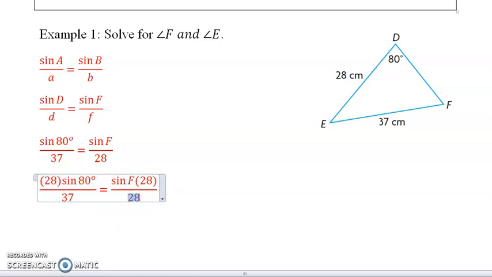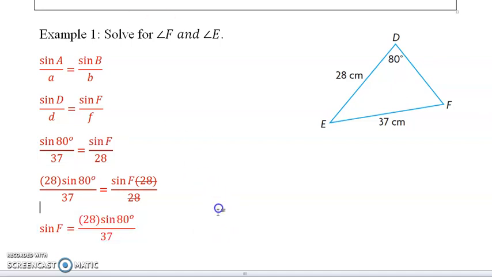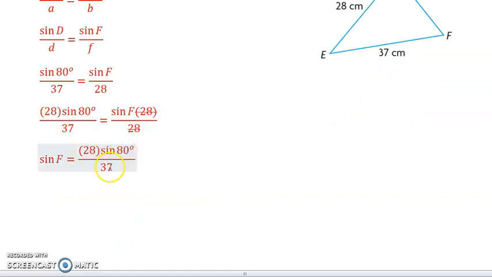This 28 divides with this 28, that's why we did it, leaving you with sine F. Okay? So we can fix this up. And we say sine F is equal to 28 multiplied by sine 80 over 37.